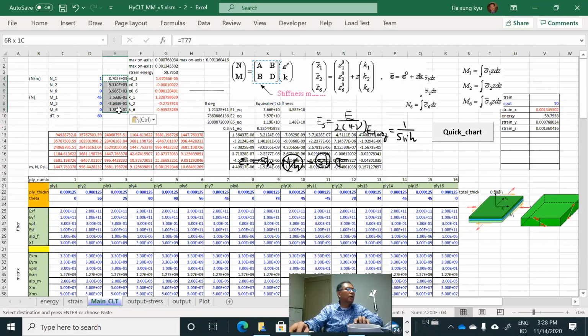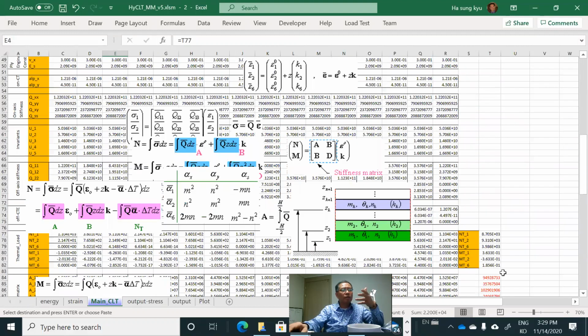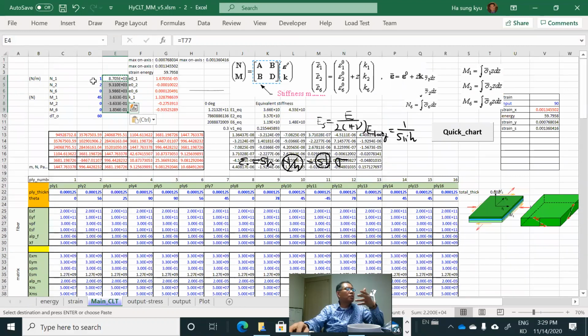So this is nothing but a thermal load, which you will calculate from this. And what I'd like to do is that this one has a name as the load, and this one I'd like to give a name as the thermal load.